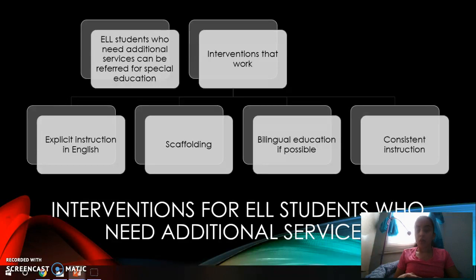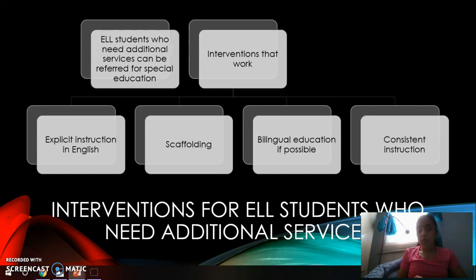So even when we think that the student should know it, we need to be mindful that these students are still learning English, or perfecting their English, and so we need to break everything down into steps, and not skip any steps that other students may naturally just pick up on.